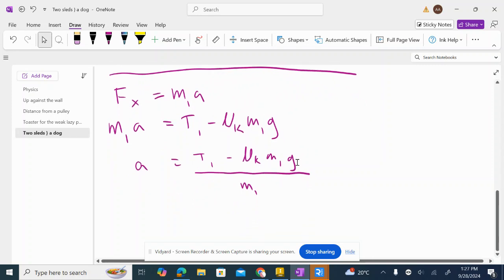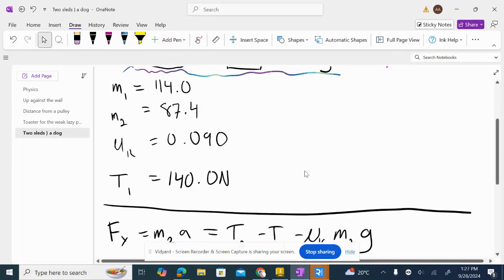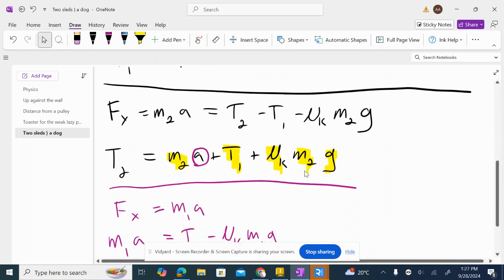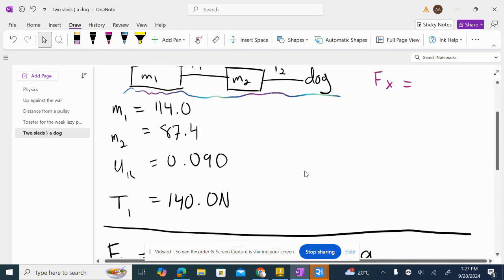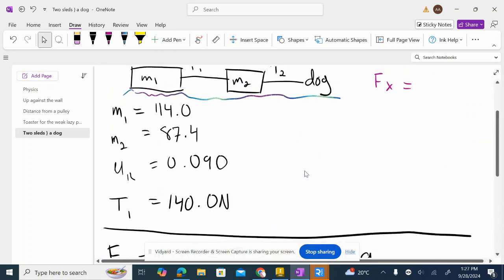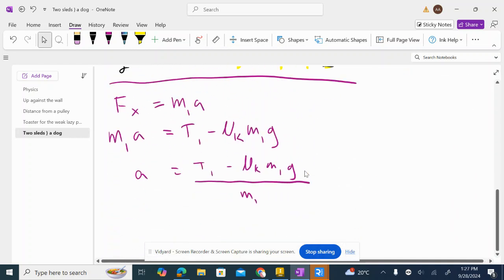Okay, let's go plug that in. Our T1 is 140. We subtract mu k, which is 0.09, times M1, which in this case is 114, times g, which is 9.81.